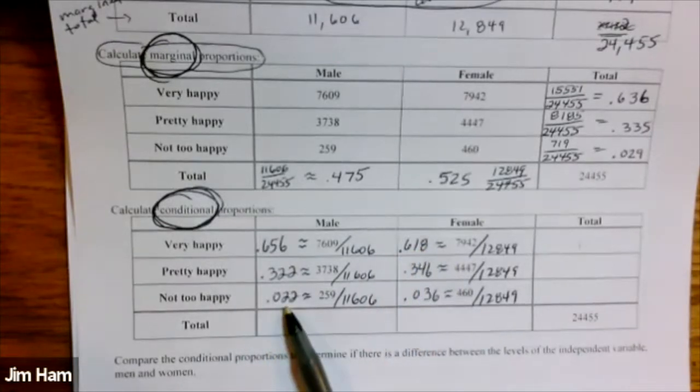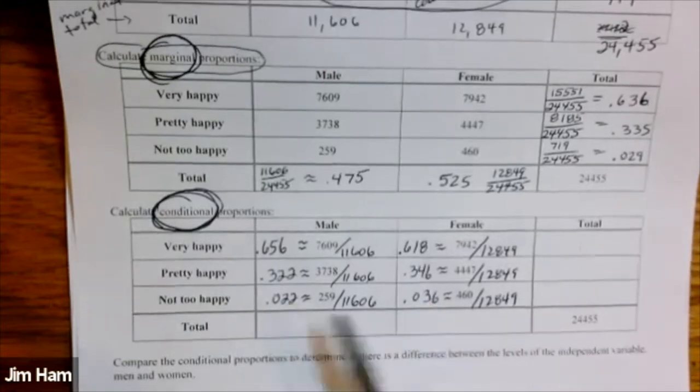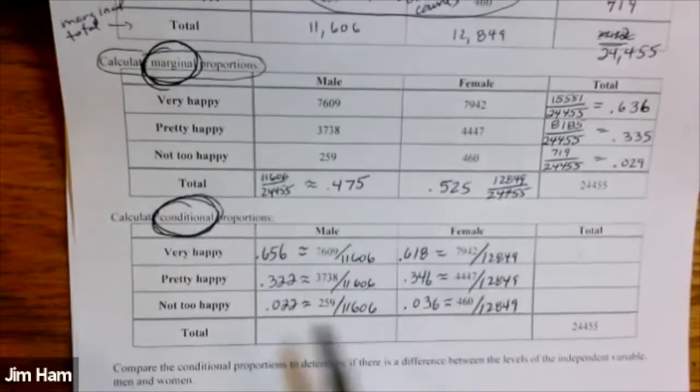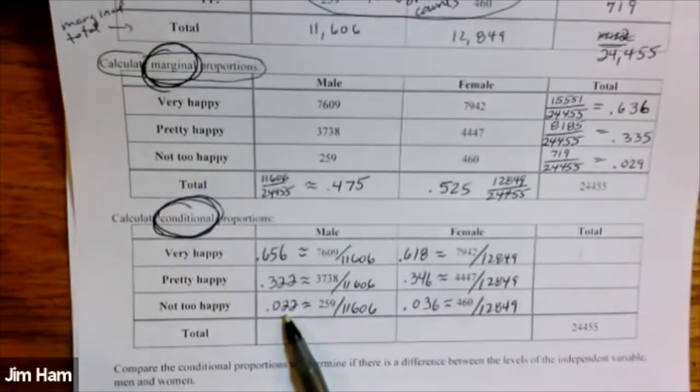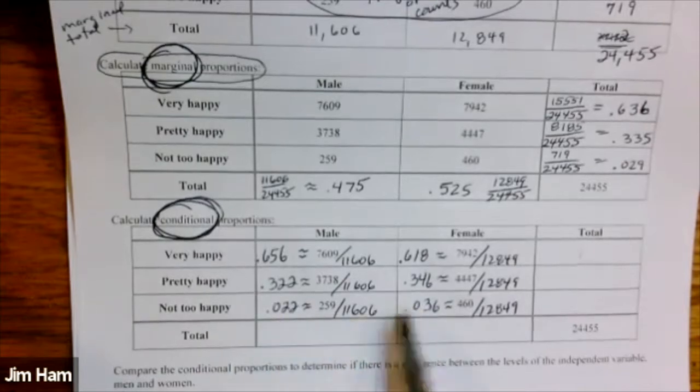And even though 2.2 and 3.6 is less than 2% difference, 2 percentage points, what's important here is that this number here is about 1.5 times larger than this rate here. So when you go up to 1.5 or 2 times as high, that's a fairly significant difference if we're looking at the rates here.